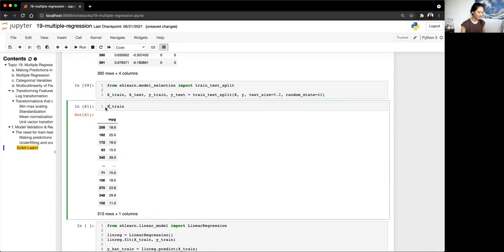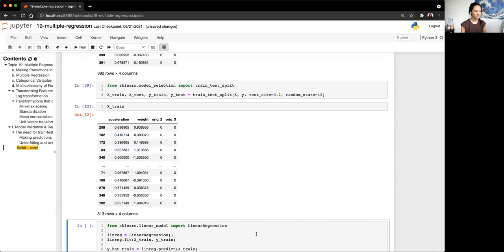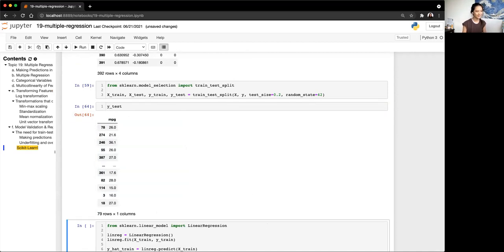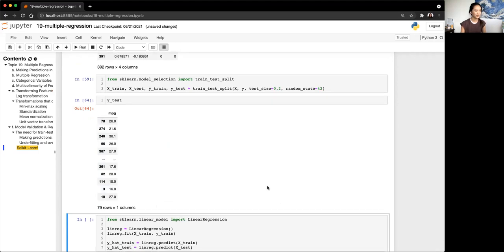And then we have our X test, which are these 4 columns, 79 rows of the holdout set of data that our model is not going to see. And then when we run this through our model, it'll give us a bunch of predictions, which we will then compare to Y test to see how closely it's predicting. Questions about that process? I think we're going to go a couple minutes over.